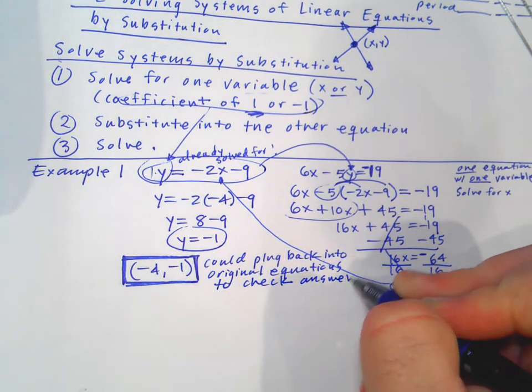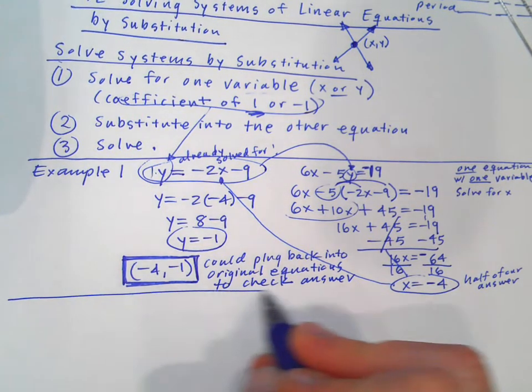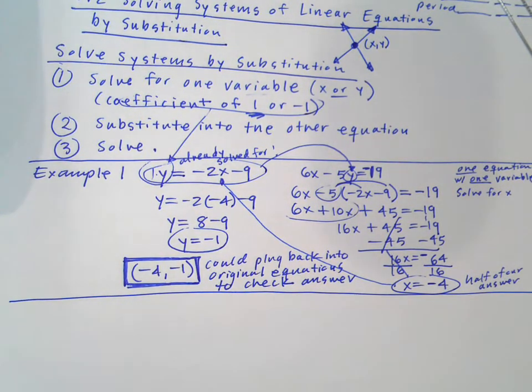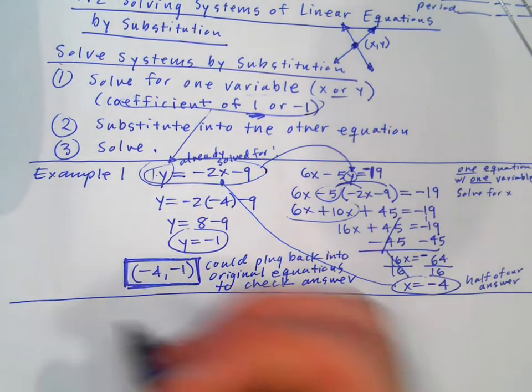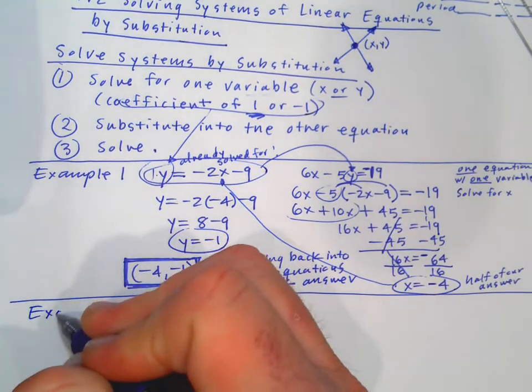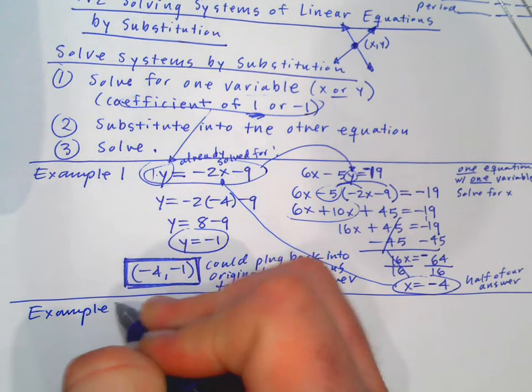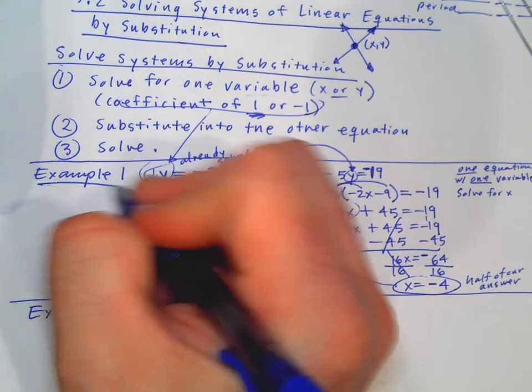Could do it, just like before. Okay, so those are the major steps. I would do things like this: circle things, draw arrows. I mean, I'm doing it to help you follow my work, but I do it just to kind of help myself follow the work. So that was example 1.